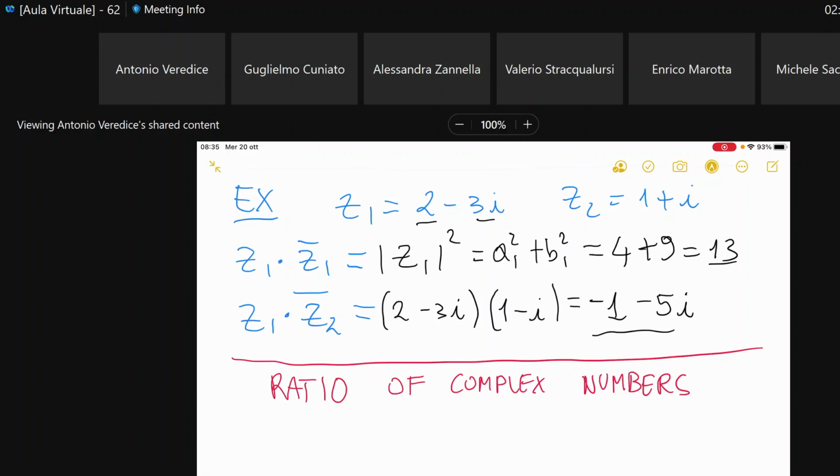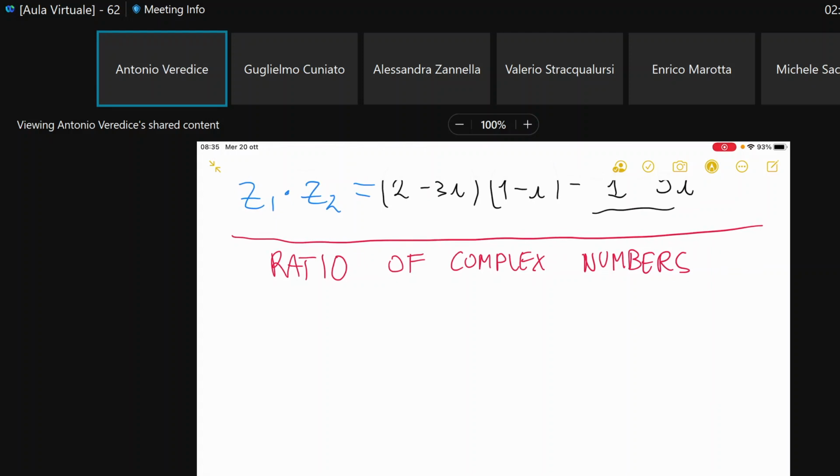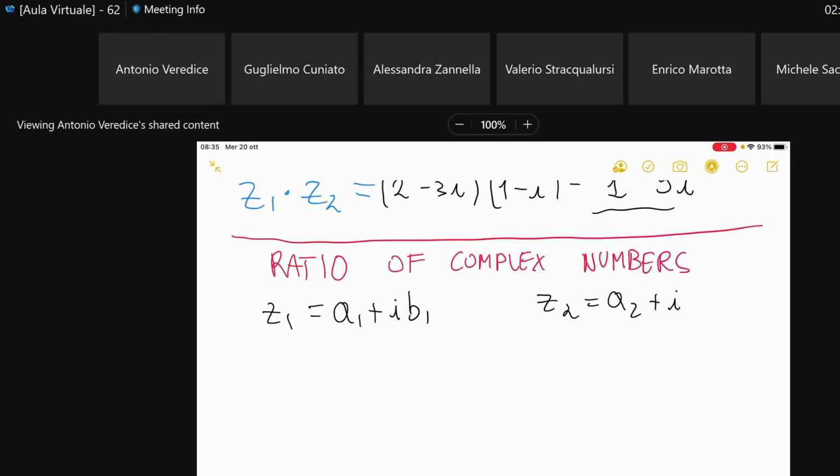So what about the ratio of two complex numbers? As before, we pick two numbers, Z1 = A1 plus i B1, and Z2 = A2 plus i B2. And we want to compute the ratio Z1 over Z2.